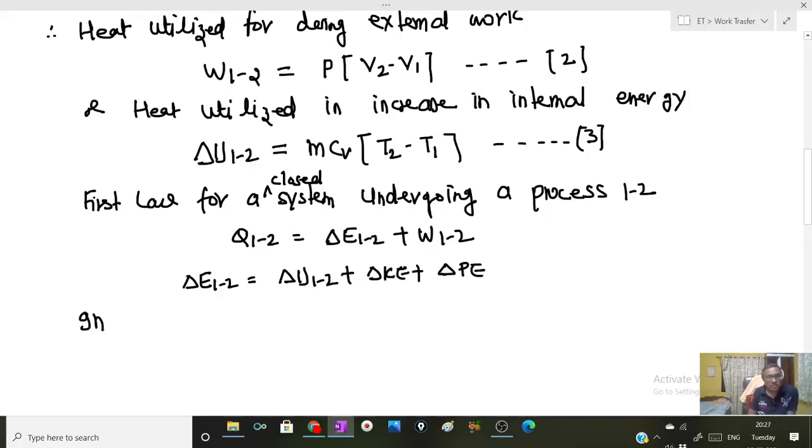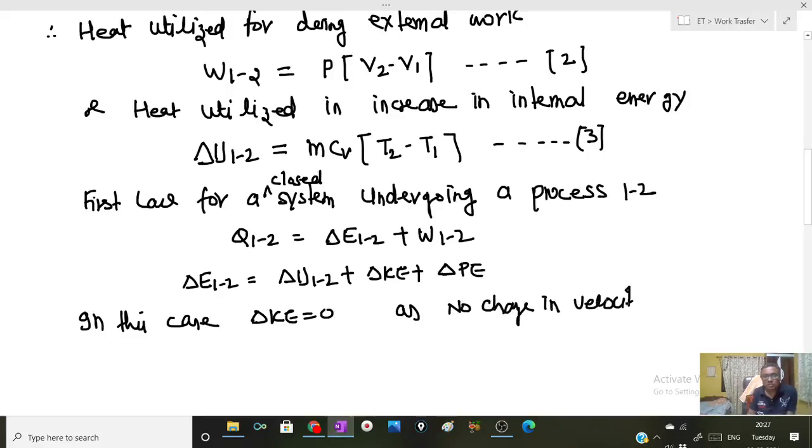In this case, change in kinetic energy is 0, as there is no change in velocity of the system because it is stationary. During the heating, the closed system is not moving.